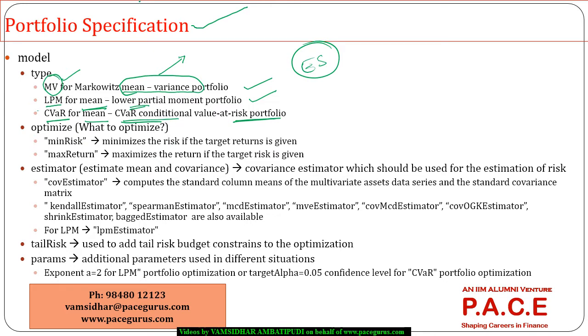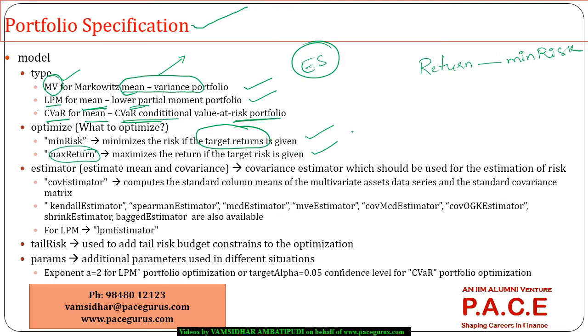The default is to minimize the risk, especially if the target return is given. I am looking at minimizing the risk, but if the target risk is given, it's better that I set it to maximizing the return. So depending on what I am giving: if the return is given, for that particular return I want the minimum possible risk, and if the risk is given, for that particular return I want the maximum possible return.